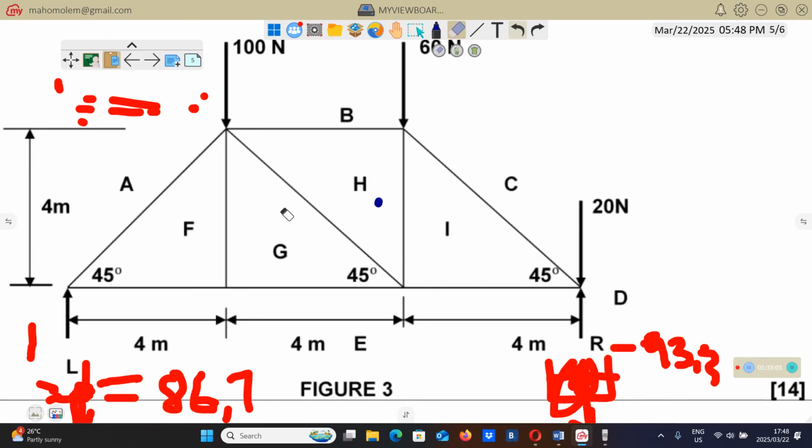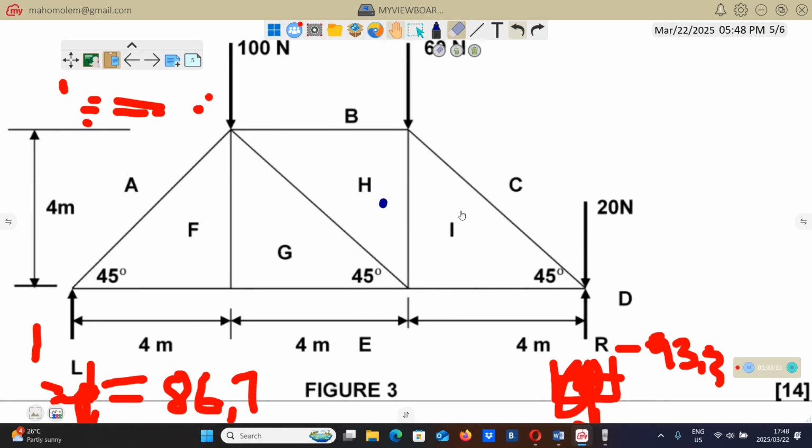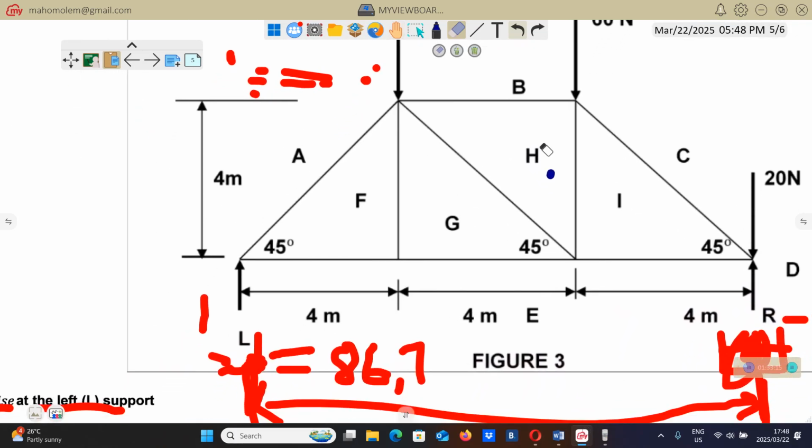Right, we can use any joint, but I've had some authors saying that you must start where you have less members. But if you are not new to this, if you are more experienced, there is no need for that.